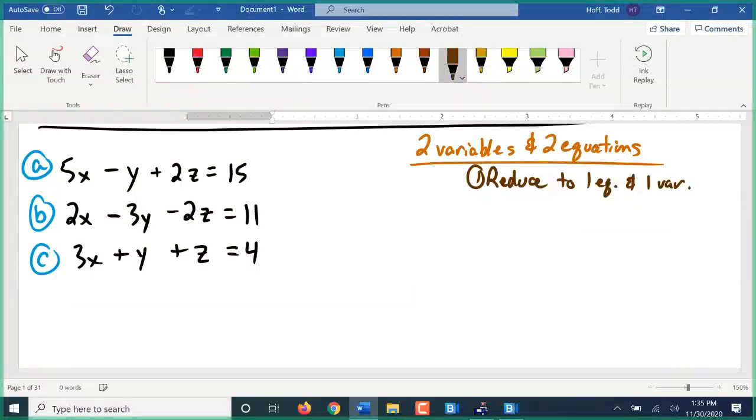We either did the substitution or the addition or elimination method to get rid of one of the variables, so we had only 1 equation and 1 variable. And of course, when we have 1 equation and 1 variable, we can solve it.